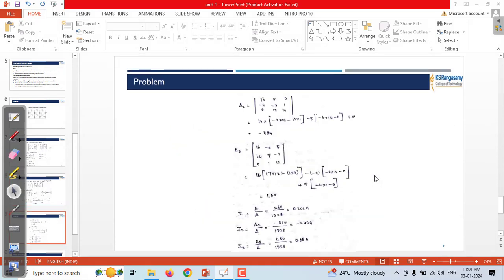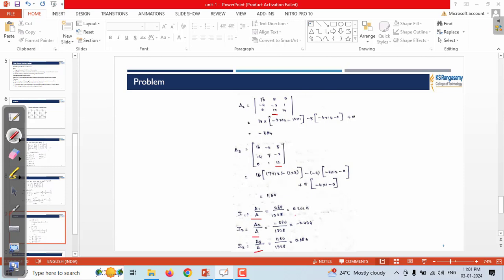Next, we calculate del 2 and del 3 similarly. For del 2, the second column is replaced by the voltage source values, and for del 3, the third column is replaced by the voltage source values. For I1 the formula is del 1 by del, for I2 it is del 2 by del, and for I3 it is del 3 by del.